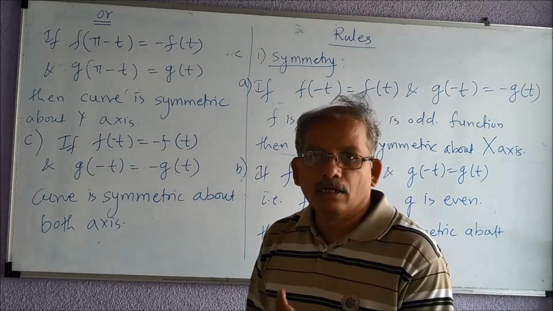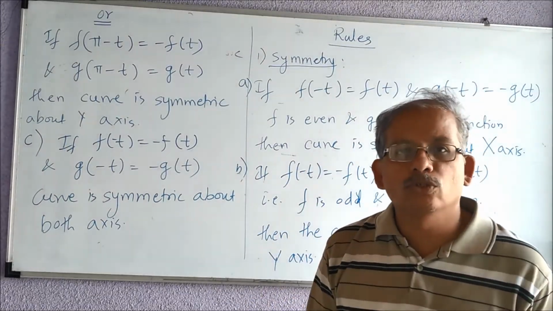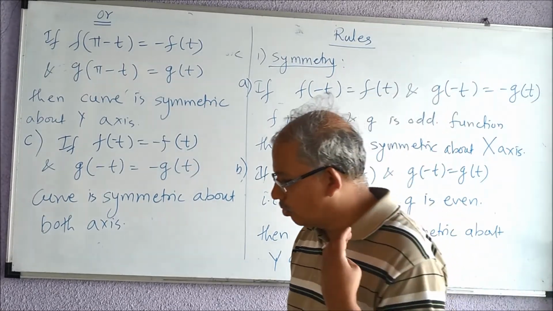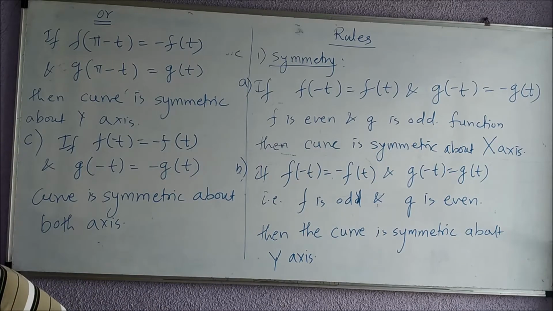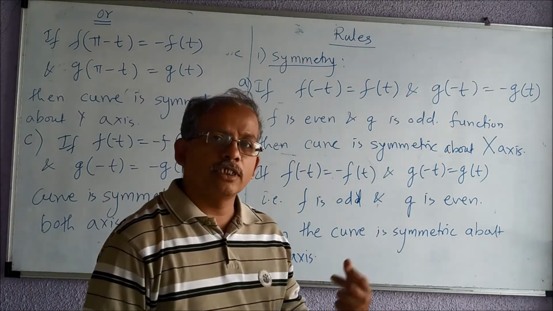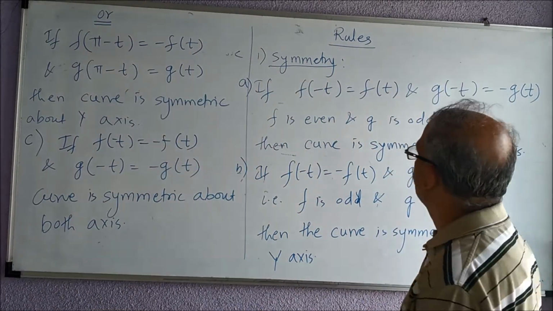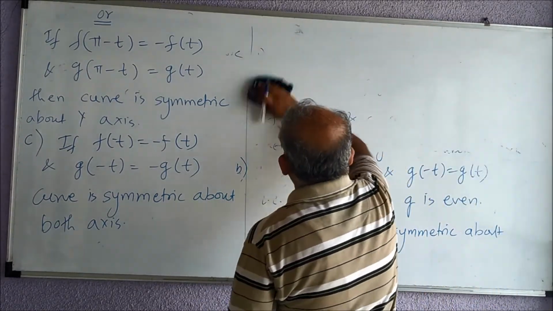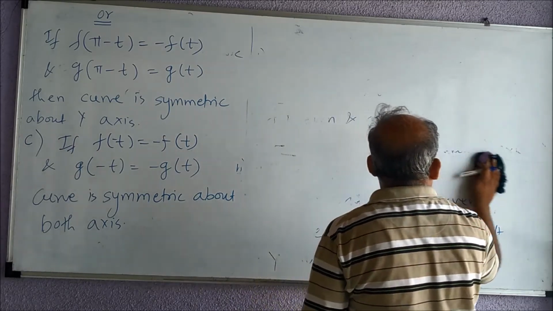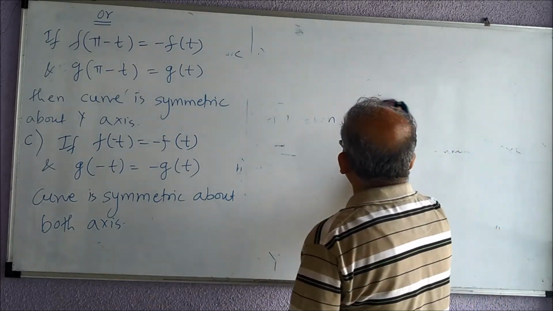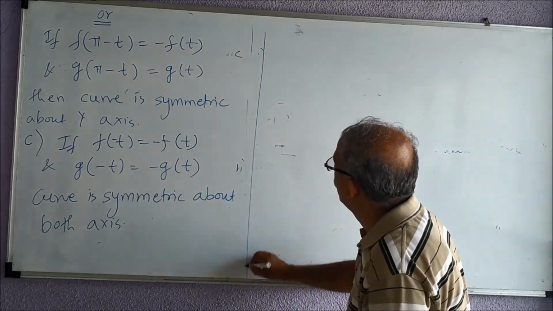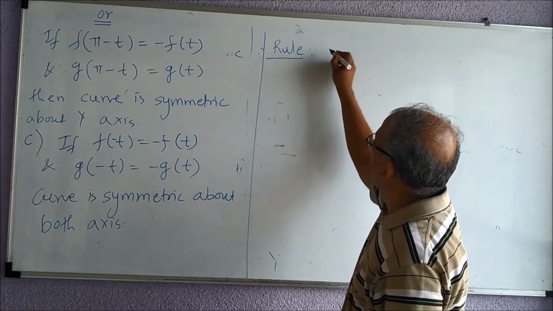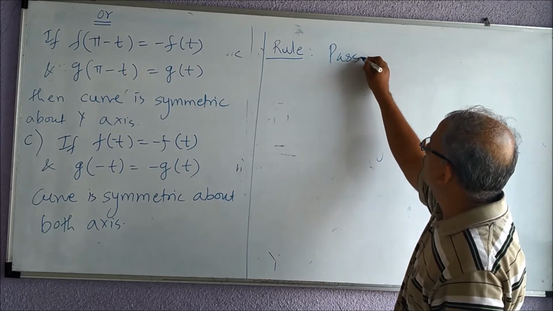Then how will we decide that the curve is passing through origin? You find out a value of t for which x is equal to 0 and y is equal to 0. If such a value exists, then you say that the curve is passing through origin. So this is the next rule, passing through origin.